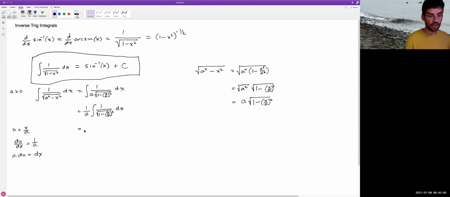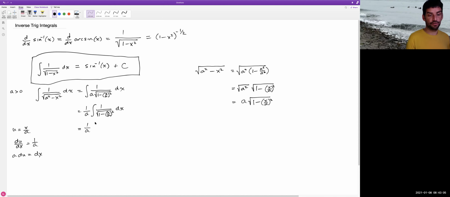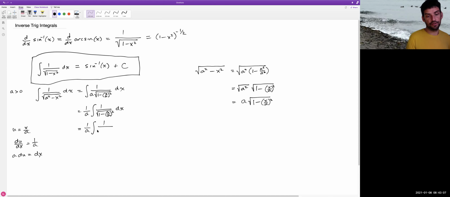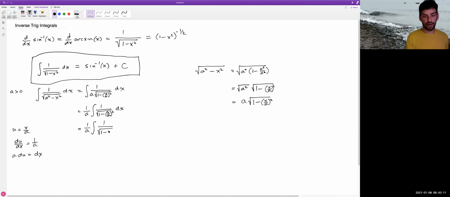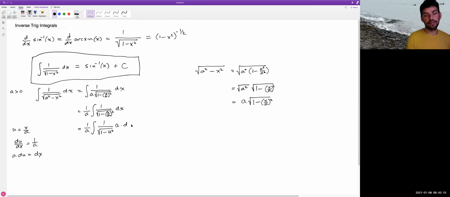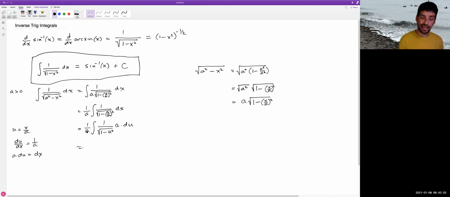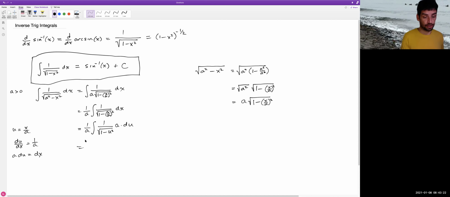Okay. So let's now put our substitution in. I've still got 1 over a. I've got 1 over the square root of 1 minus that x over a becomes u squared. And then I pick up a factor of a and then a du. Now we've got a factor of a and a factor of 1 over a. I can bring this a out front and those two factors will cancel.